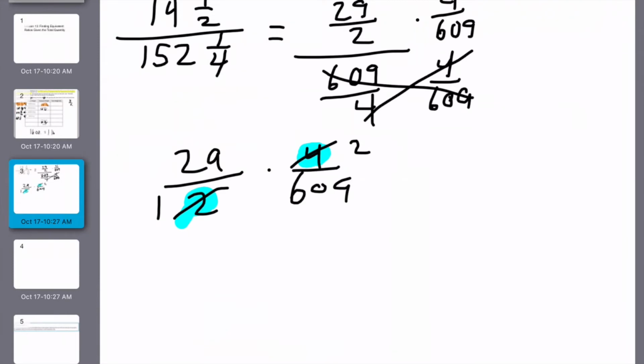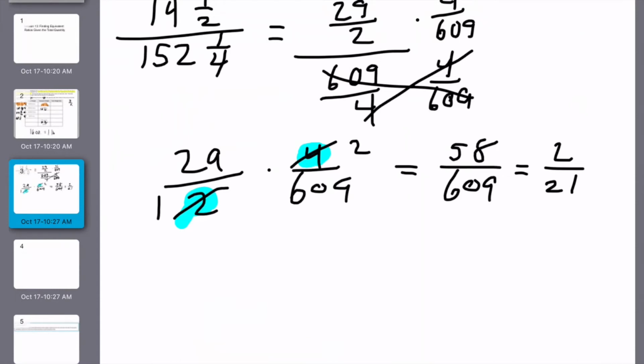So then this is really 29 times 2 over 609, which ends up becoming 58 over 609. But let's reduce that. That ultimately reduces to be 2 over 21. So I know that the value of the ratio of backpack weight to hiker weight is 2/21.